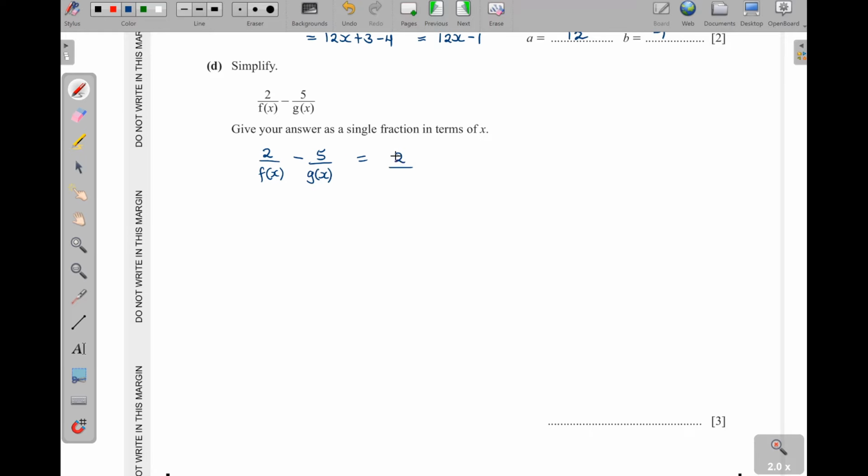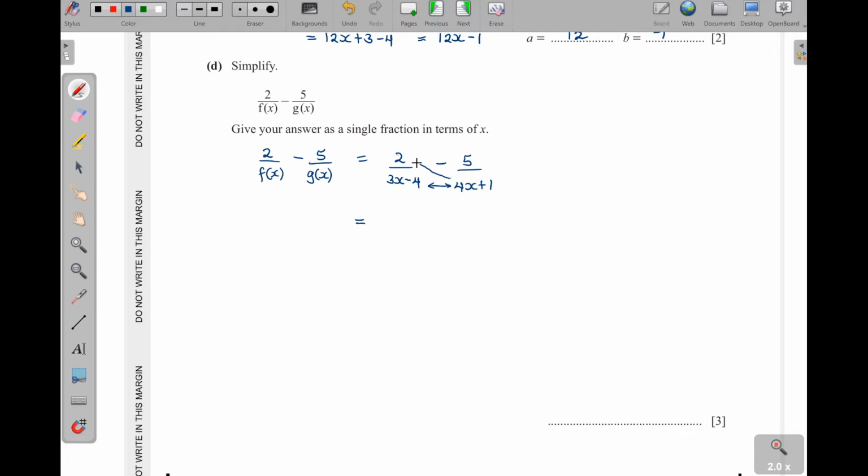So 2 over f of x, remember, we have it as 3x minus 4. And then the one of g, we are having 4x plus 1. Now, these are what we call algebraic fractions, okay? So when we are getting the LCM, or the common denominator, just get these two, you multiply them. You don't need to waste time.